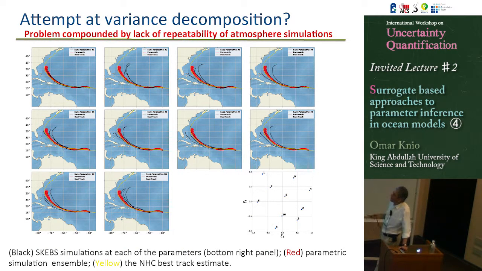We can try and decipher which is which. Unfortunately, if I try to do both things at the same time, based on the first part of our study, we learned that the initial depression amplitude and its rotation are really the dominant parameters that affect minimum sea level pressure and maximum speed.